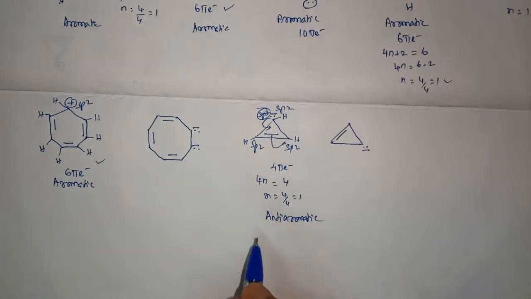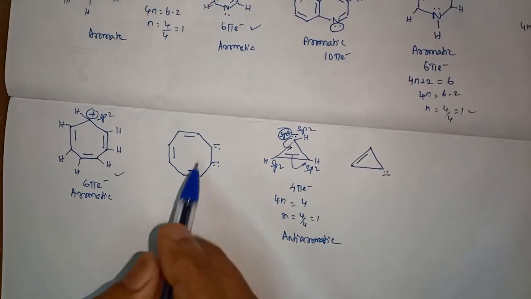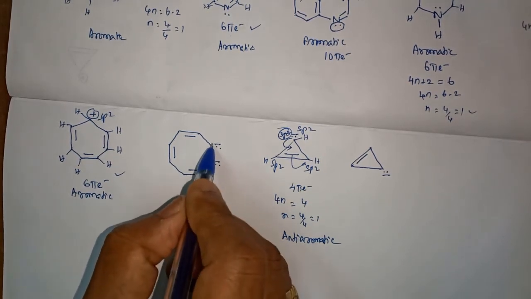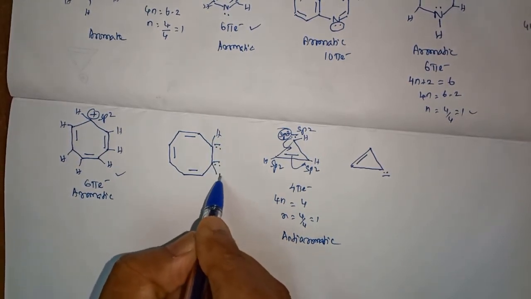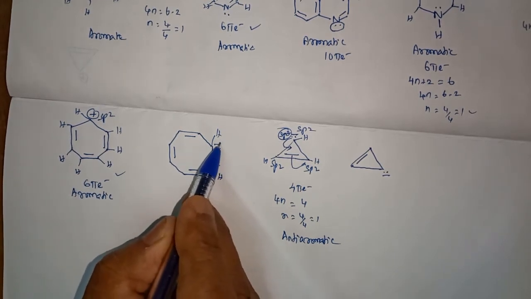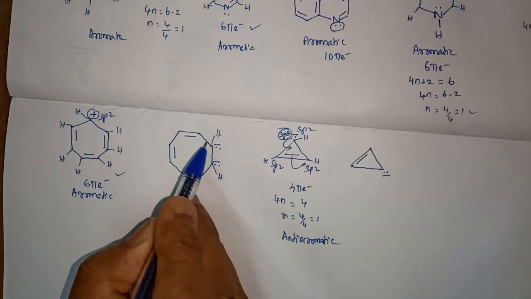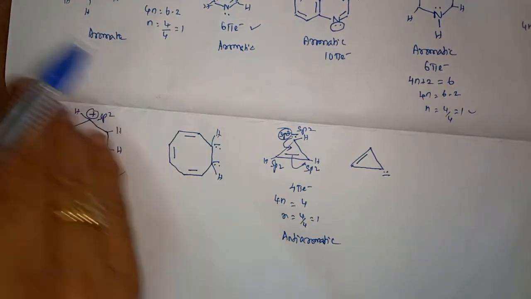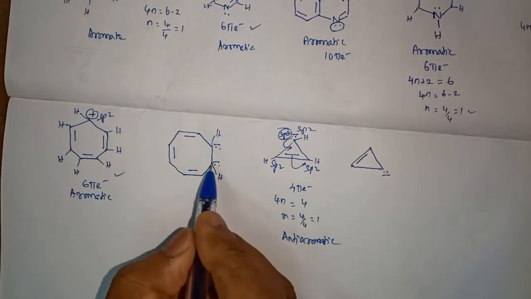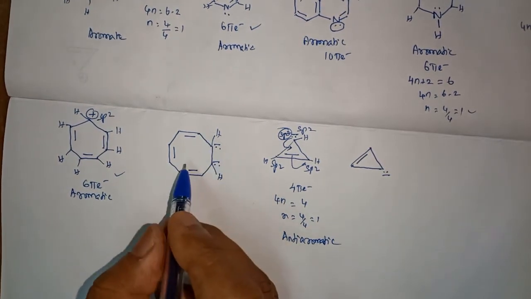Now you come to the similar case. This also is involved, this also is involved, but actually here one hydrogen is there, here one hydrogen is there. It is sp3 hybridization only. When these electrons are involved in the resonance, sp3 hybridization becomes sp2 hybridization. So it is cyclic, right?